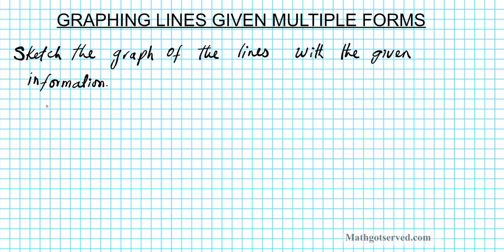Okay, so question number one, we are provided with the intercepts. Let's say we're given the x-intercept as being -5 and the y-intercept as -5 also. Now, how do we graph a situation like this?